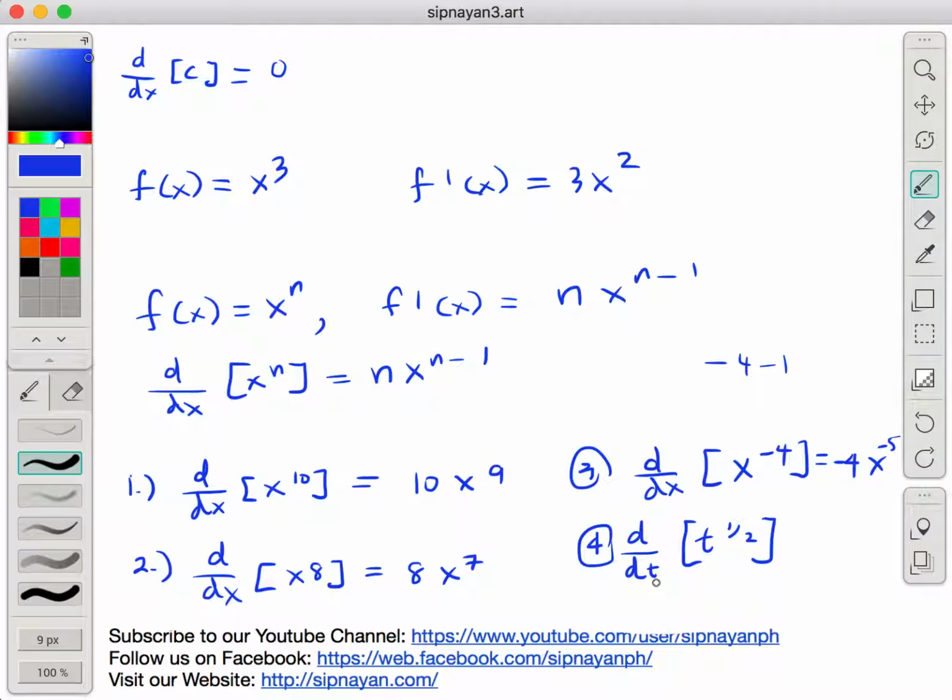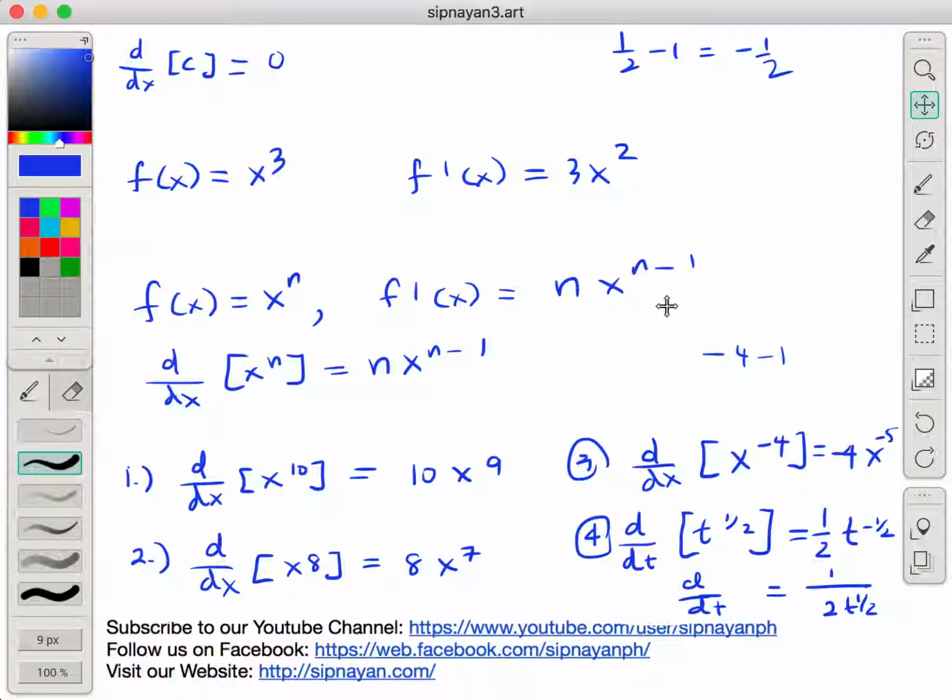This is equal to, baba natin yung 1/2, and then magiging t, and then magiging 1/2 minus 1, which is equal to negative 1/2. So, t to the negative 1/2. Gusto natin maging positive yung exponent, magiging equal to 1 over 2, t raised to the 1/2. Ito yung ating derivative.